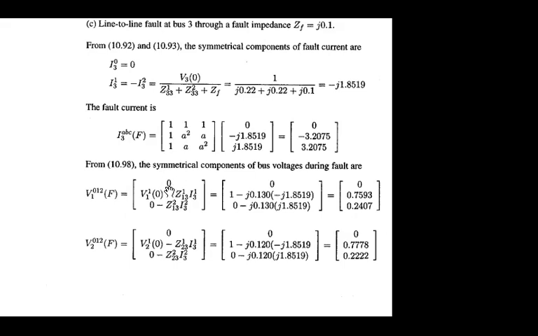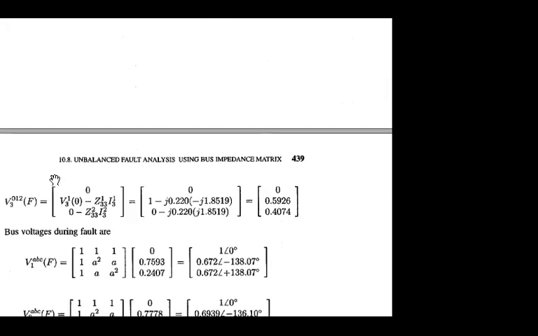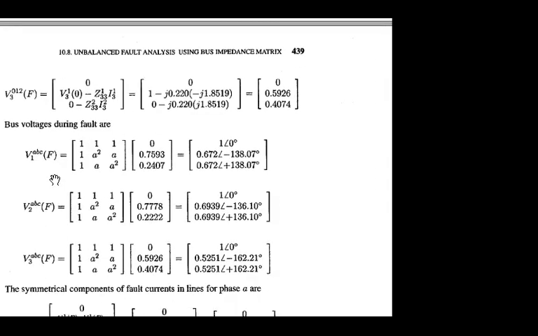Be careful about that. For single line to ground fault, you have some part, but for line to line fault, it is 0. That is the only difference between these two concepts, line to line and single line to ground. The remaining things will be the same.